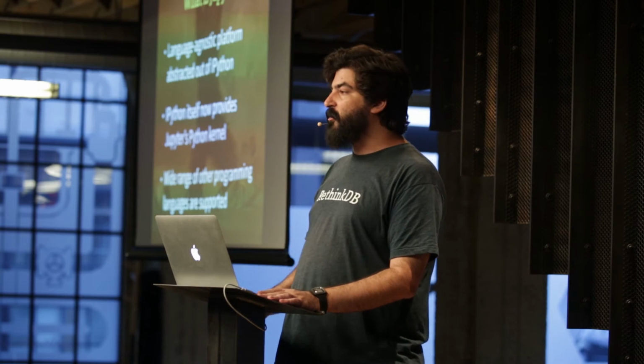So IPython now refers to just the Python part of it, what they call the kernel that allows you to use Python with it interactively. And they use the name Jupyter to describe the overall project, which is the REPL and the notebook, which can now be used with multiple programming languages.